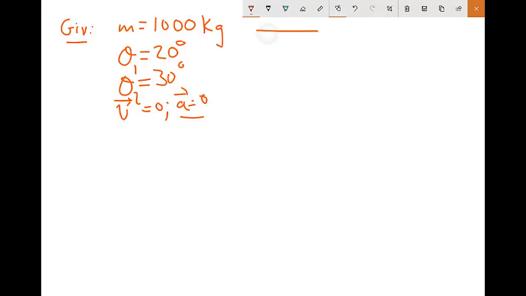So again, we have this girder, which is set up like this. Let me undo that here. It's suspended by two wires or ropes. Okay. Here's theta 1.